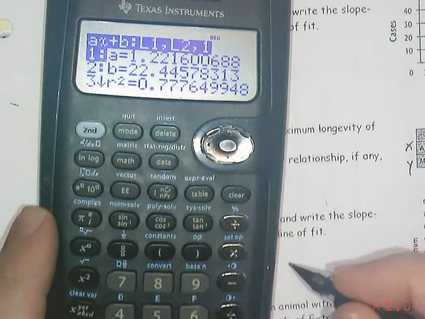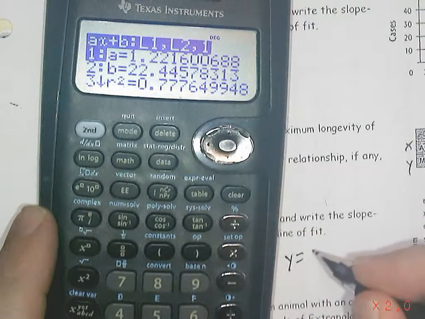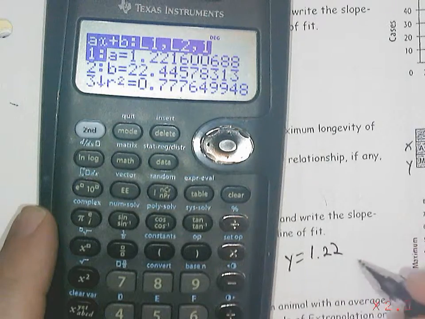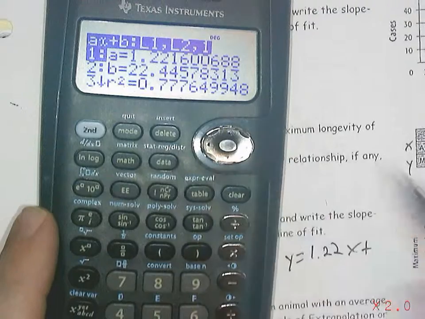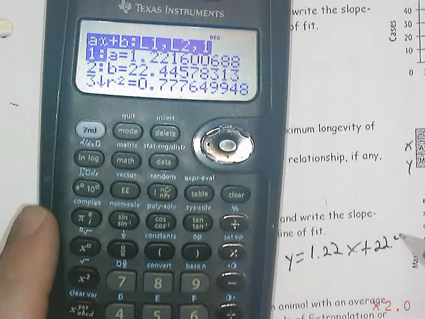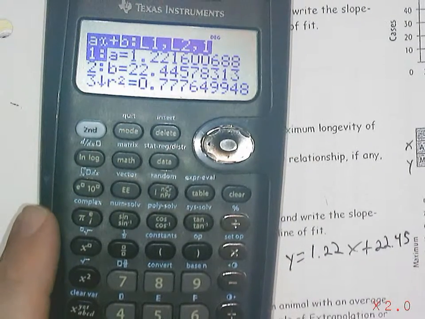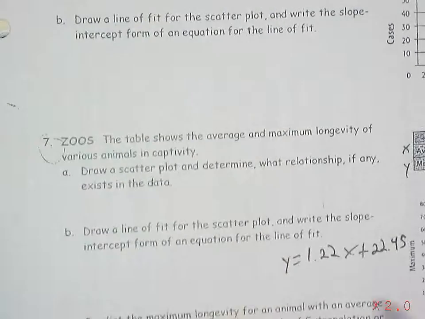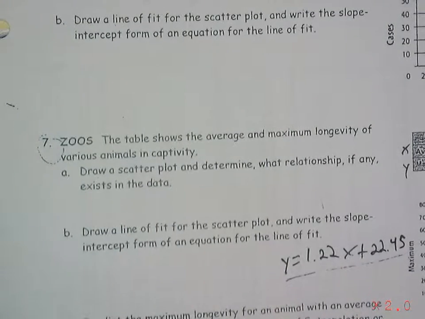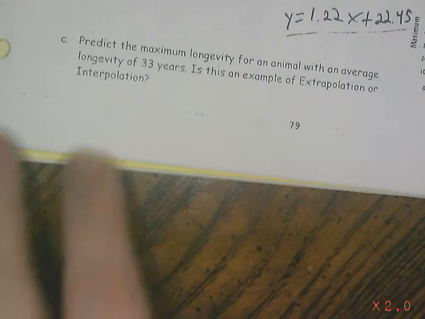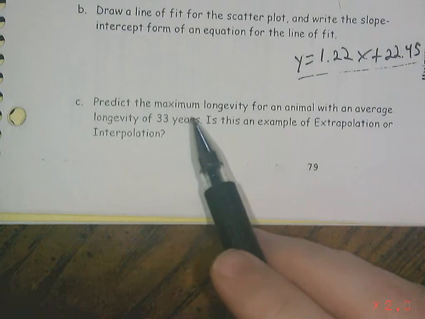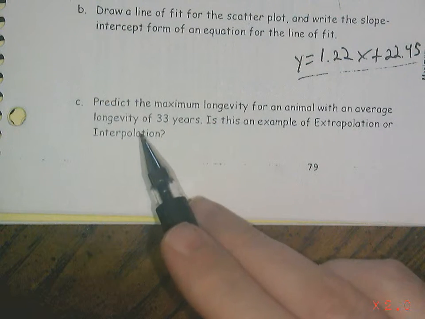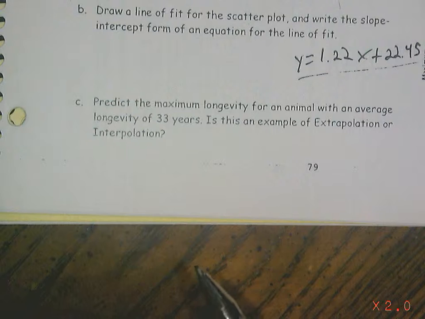So the equation would be y equals 1.22x plus 22.45. Okay, that is the equation for the line of best fit. Now, next thing it wants me to do is use that equation to predict the maximum longevity of an animal with an average longevity of 33 years.